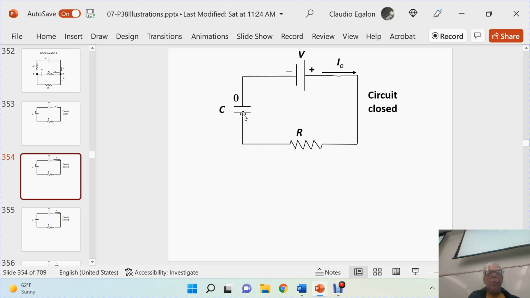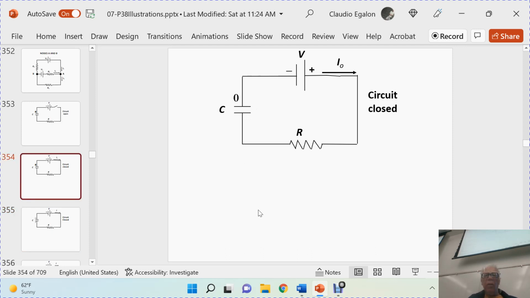Remember that we have a gap between those two plates, and electric charges cannot jump the gap from one plate to another. So they're going to stop right here. In the process, the positive charges are going to attract the negative charges on the other side of the capacitor. That's what's going to happen.